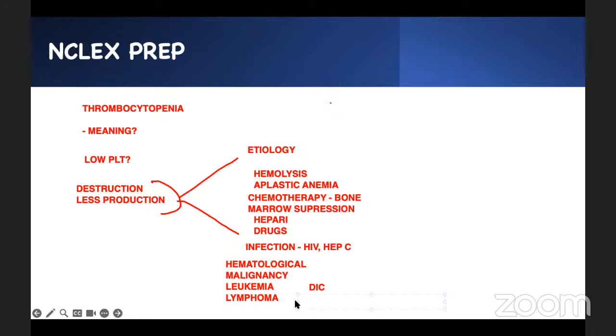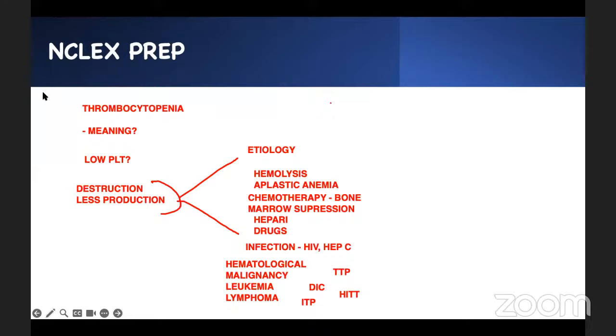So you can have what? Idiopathic thrombocytopenia, ITP. You can have thrombotic thrombocytopenia, TTP, right? And you can have heparin-induced thrombocytopenia. So these are the things that will cause that.